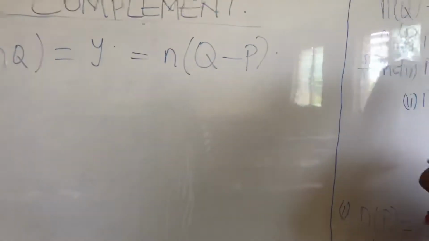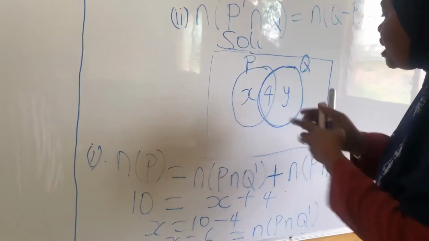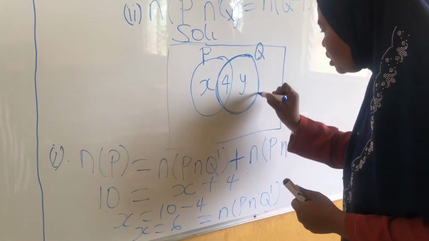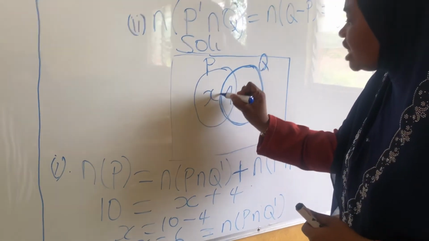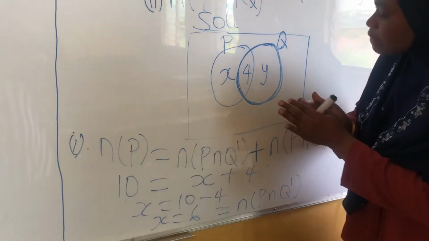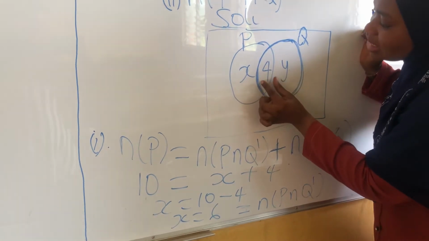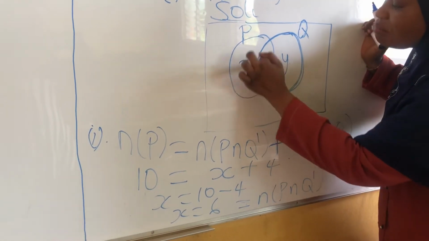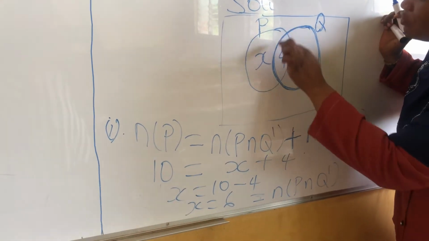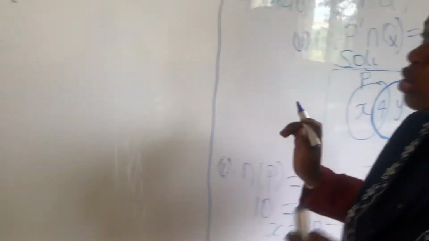So let's go back to the Venn diagram that we drew the other time. It means that this part that I'm circling now, everything here, belongs to Q. So for us to know this part that doesn't have anything to do with P, we have to subtract their intersection, where they meet, from everything that belongs to Q. And that is what we want to do now.